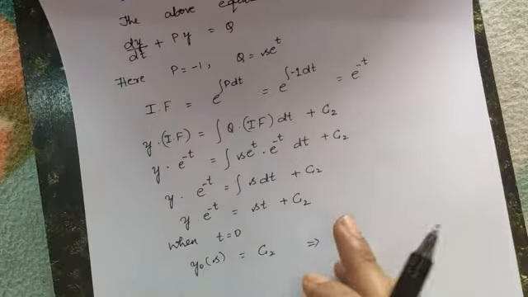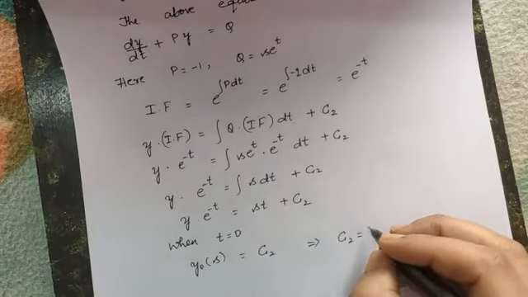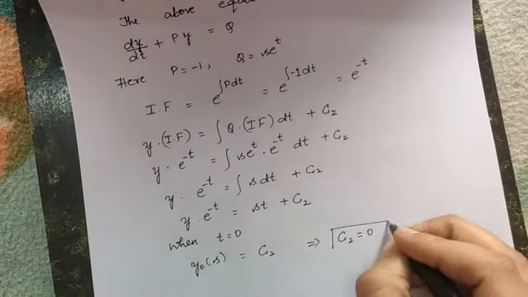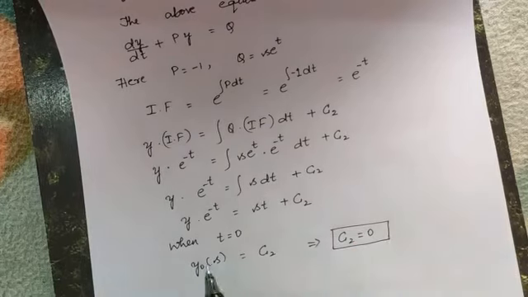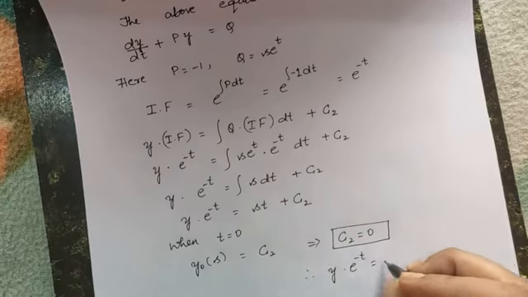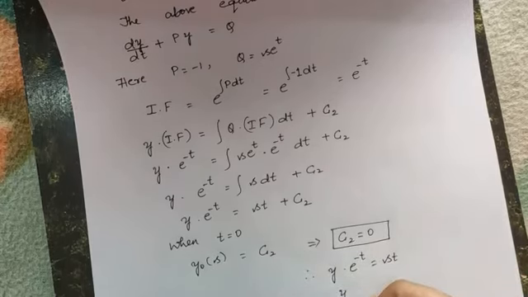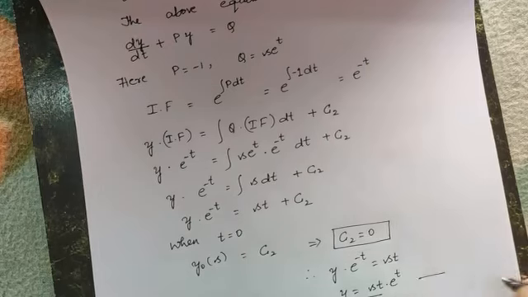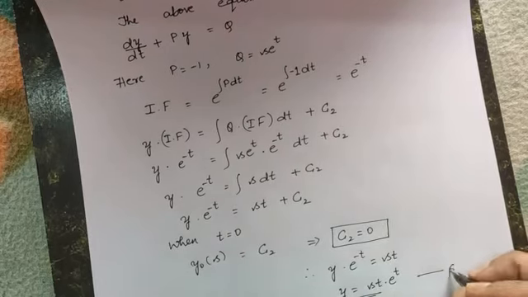So that means the value of c2 is 0. Now substitute the value here, you will get, therefore, y into e power -t is equal to st, and y is equal to st into e power t. I will call this equation number 6.